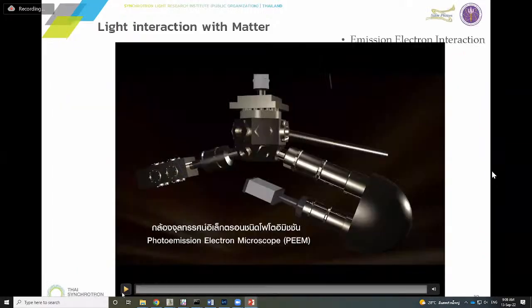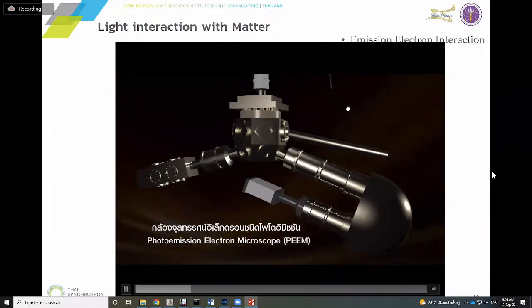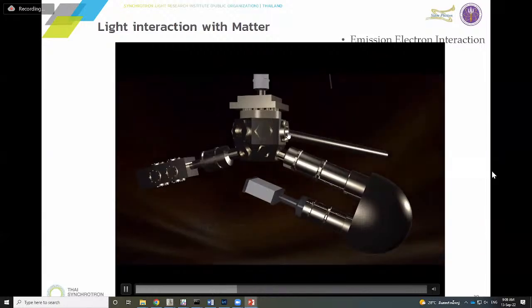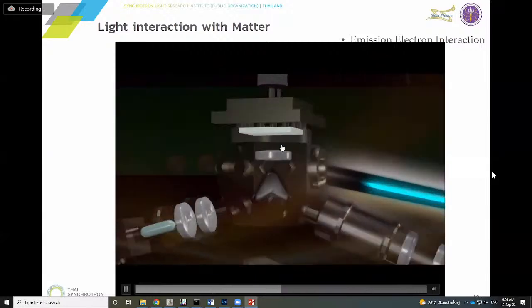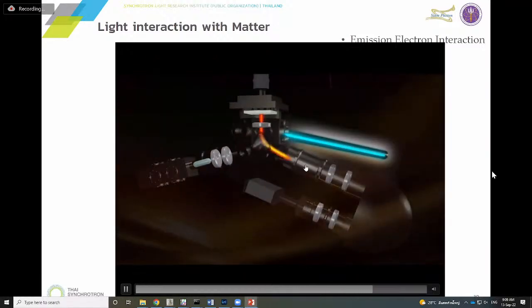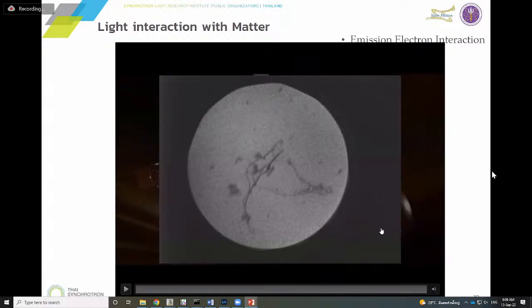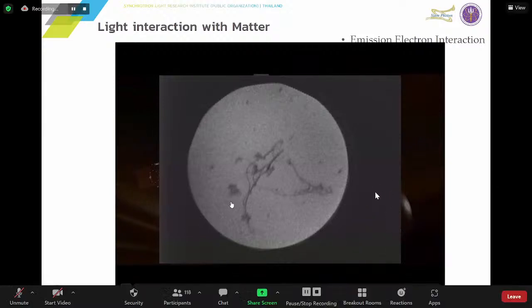We also have the photoemission techniques. If you let the synchrotron strike through the surface of the sample, you will get emission electrons coming out. And if you pass these emission electrons through the energy dispersive analyzer, you can gain a picture which contains the information of electrons.